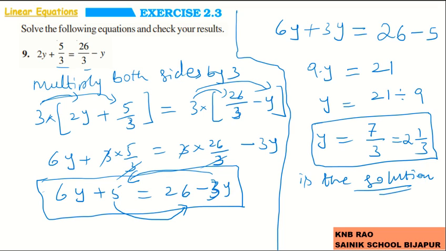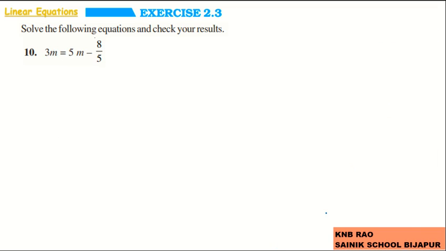Okay. Now, for another question, 10. Coming to question number 10, 3m equals 5m minus 8 by 5. Same, since it is having a fraction, I have to get rid of this denominator.